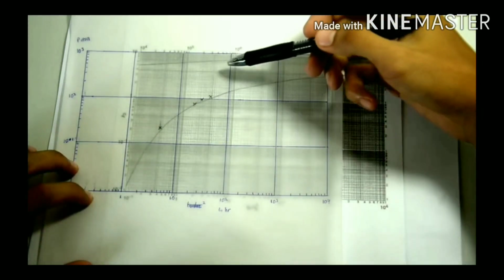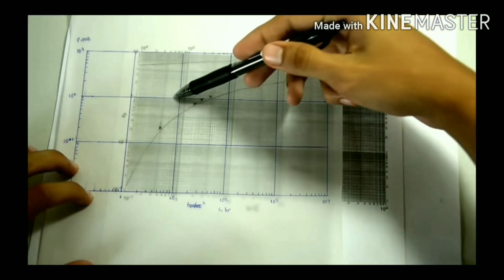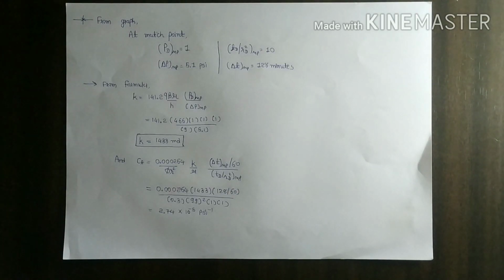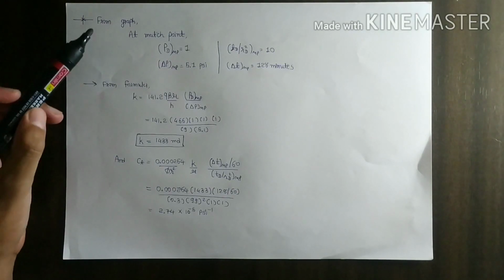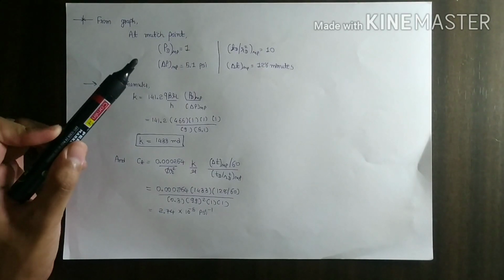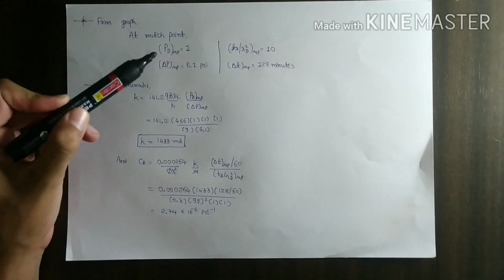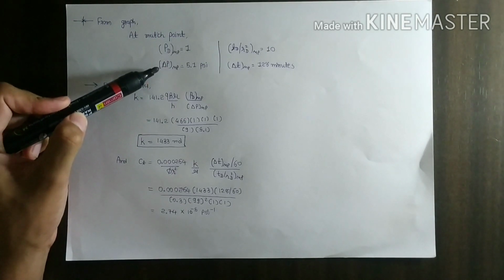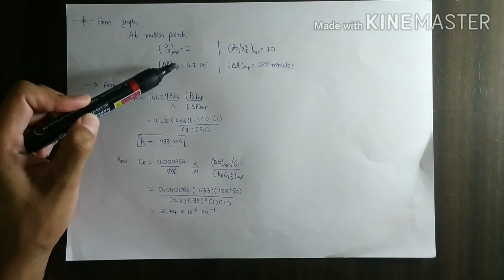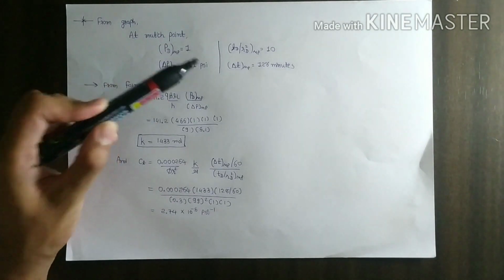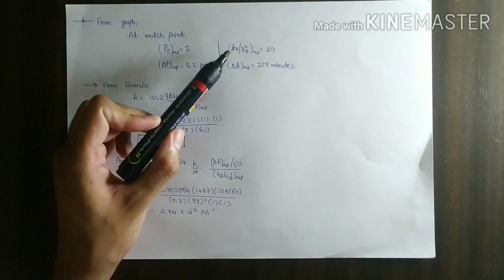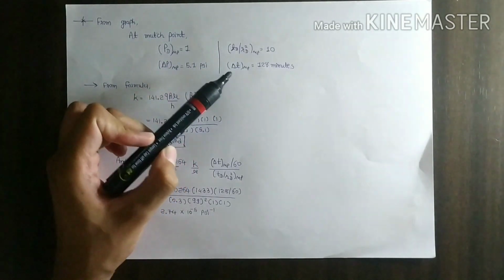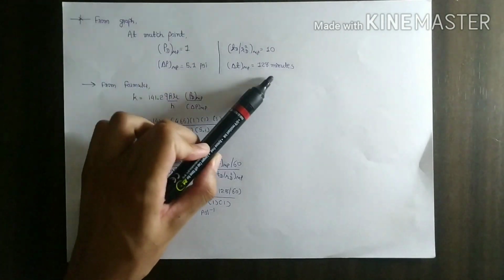As you see on screen, this is the match point, and according to it, from the graph we measure 4 points. First one is the dimensionless pressure at the match point, which is 1. Value of delta P at the match point is 5.1 psi, as well as the value of tD upon rD square is equal to 10, and the delta t, which is elapsed time, is 128 minutes.